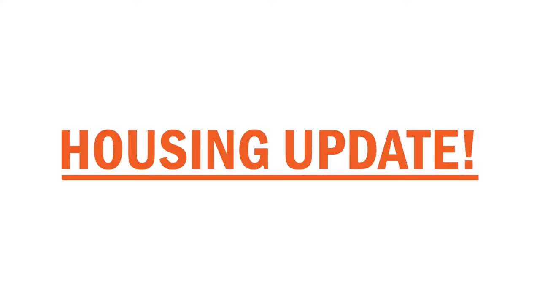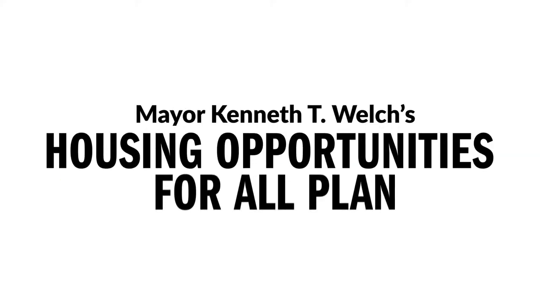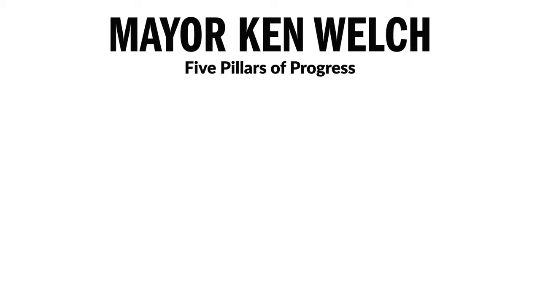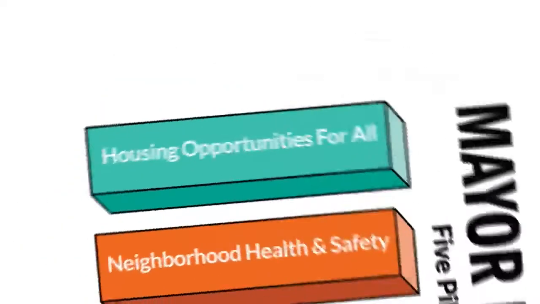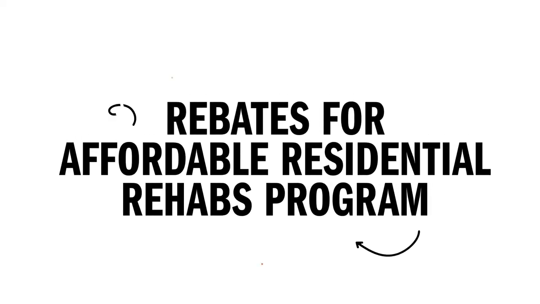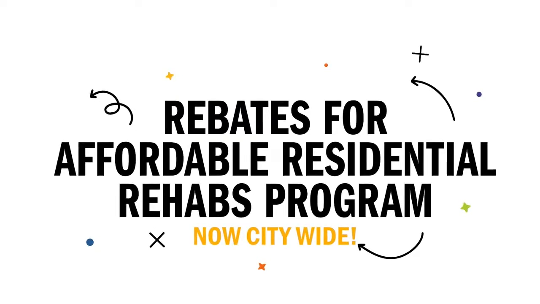To address St. Pete's growth and rising housing costs, Mayor Welsh launched the Housing Opportunities for All plan in April of 2023. It is a multi-year plan that will help residents settle, stay, and feel stable in St. Pete. Housing affordability is a key element in Mayor Ken Welsh and his team's agenda, and one of his 5 pillars for progress. The next milestone in the Housing Opportunities for All plan is the citywide expansion of the Rebates for Affordable Residential Rehabs program, previously only offered in the South St. Pete CRA.